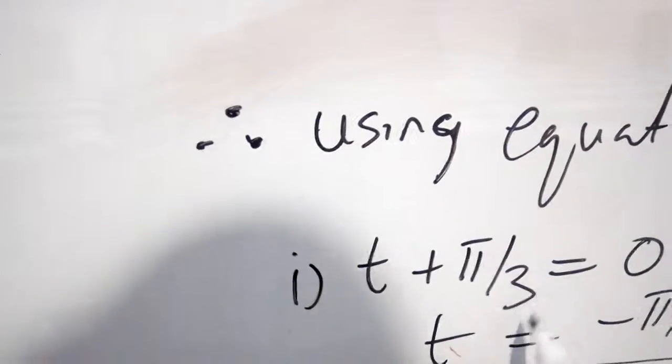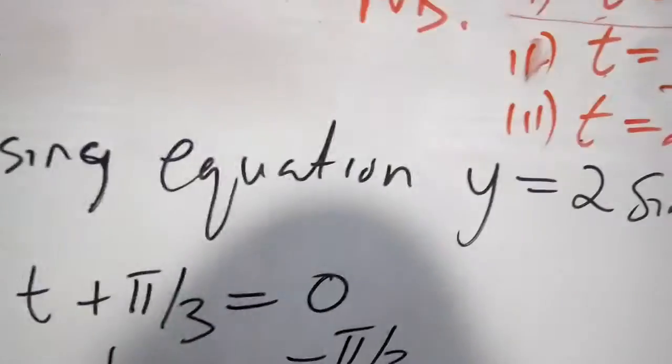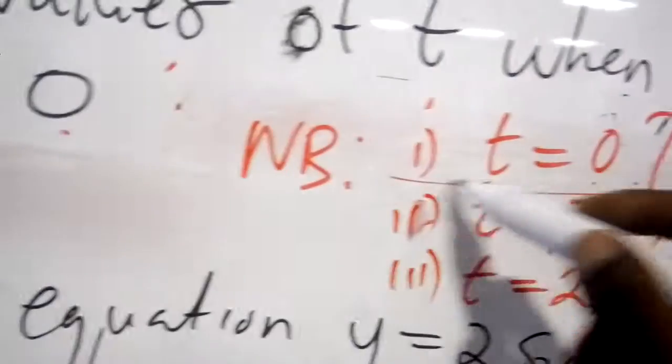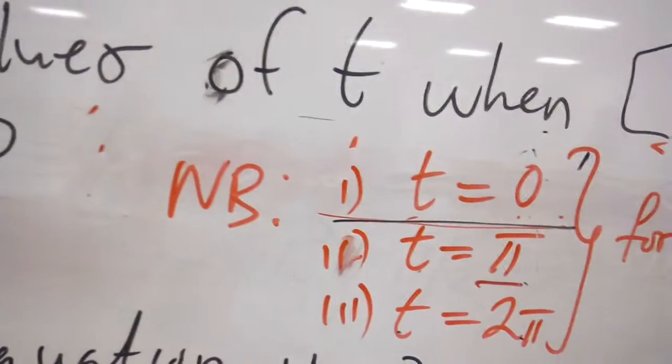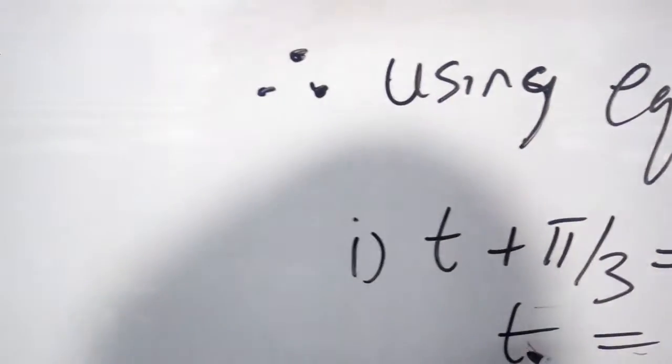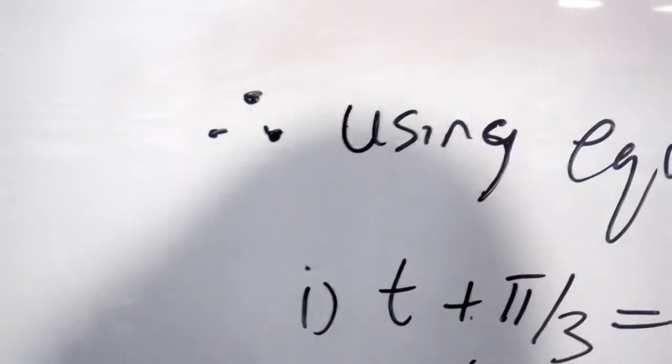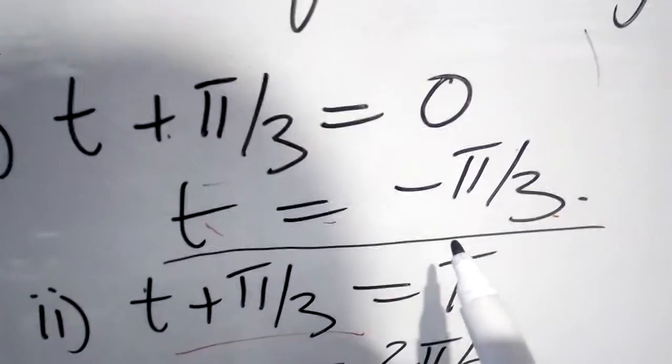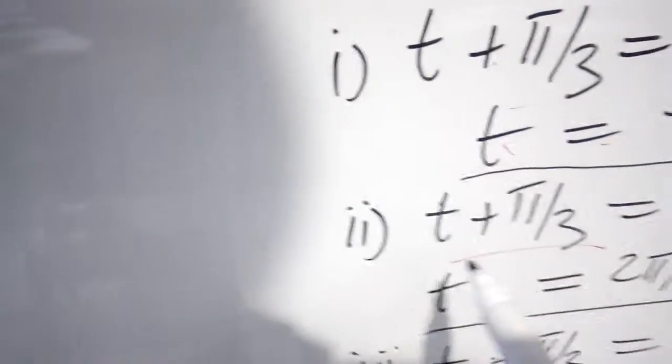So that's what I've done there. t plus pi over 3, which is this part only, I equate to the first value of t where y is equal to 0. So I take that to the right hand side, I get that value minus pi over 3. Then the second one again, t plus pi over 3 for the second value, which is pi.